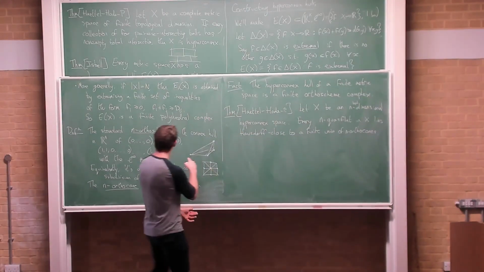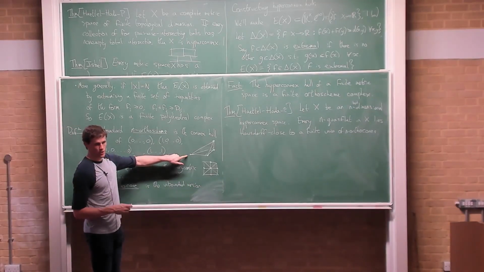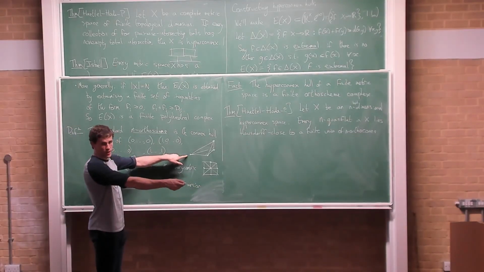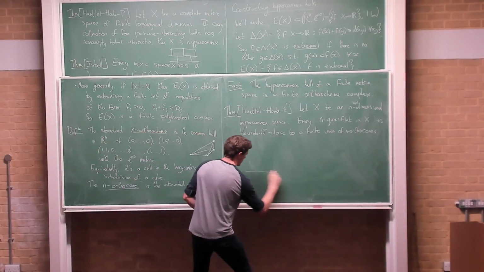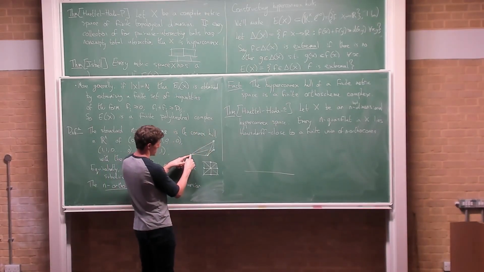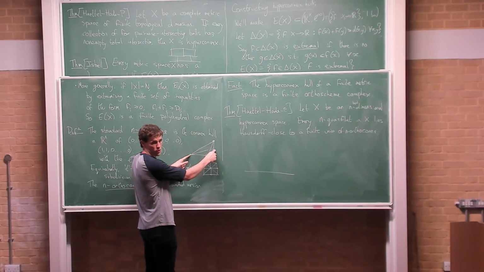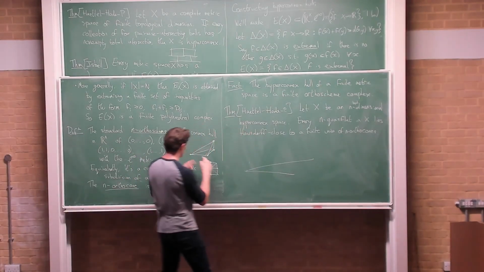It's okay. So what did I do to make the orthoscheme? I started at the origin, and I put an interval of unit length in the direction of the first basis vector. This time I'm going to take an entire ray in that direction, and then I also put a ray in the direction of the 1, 1 vector, and then I did the same in the 1, 1, 1 direction.